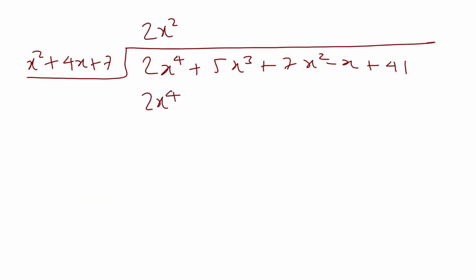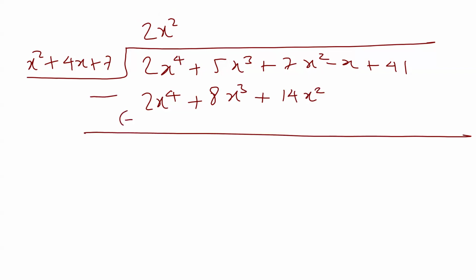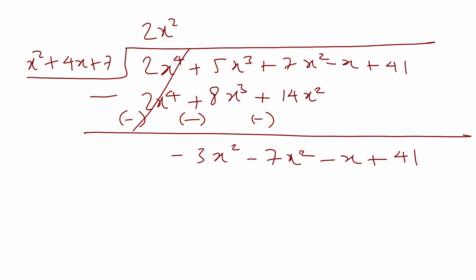So this will be 2x raised to 4 plus 8x cube plus 14x square. Subtract, and the remaining is minus 3x cube, minus 7x square, minus x plus 41.